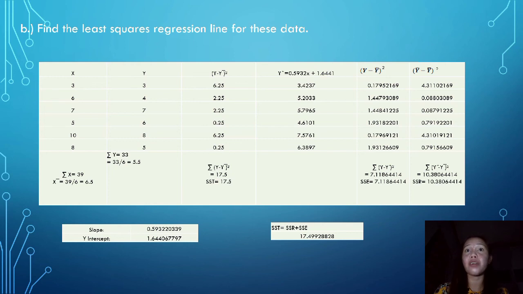So the sum of the squared regression is 10.38 plus the sum of the squared errors is 7.12. So the result is 17.499288828 or 17.5.